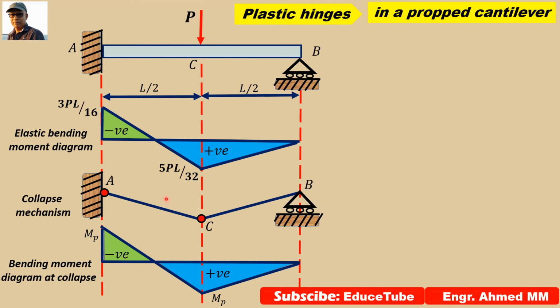Now we may determine the ultimate load. We already got the plastic moment in this diagram, so we can determine the ultimate load by statics. How to do that? Let's see.